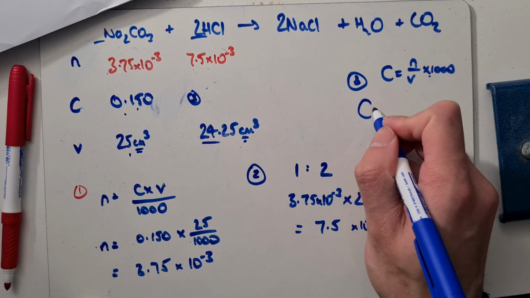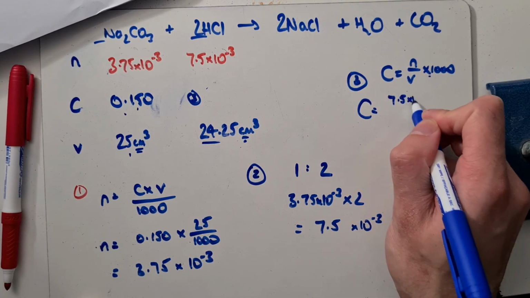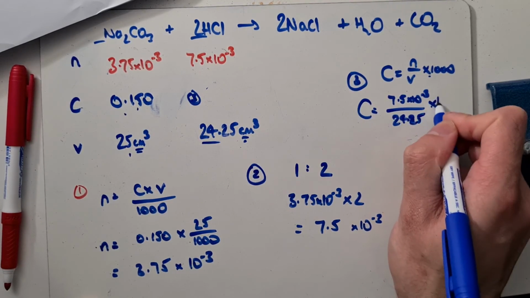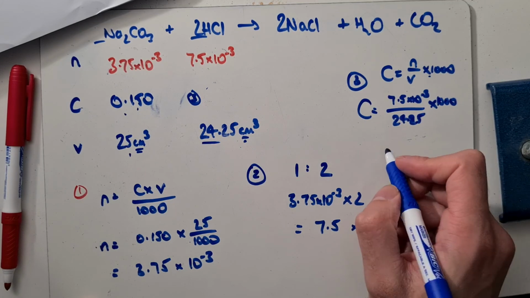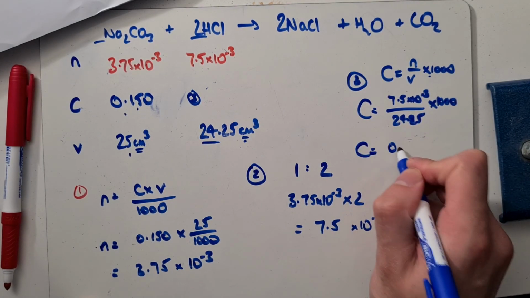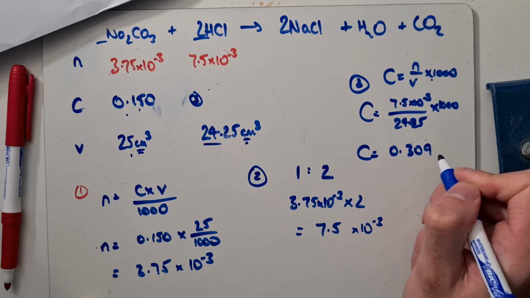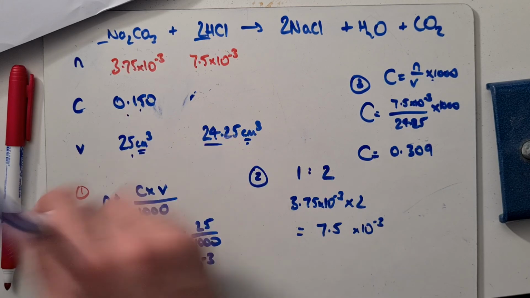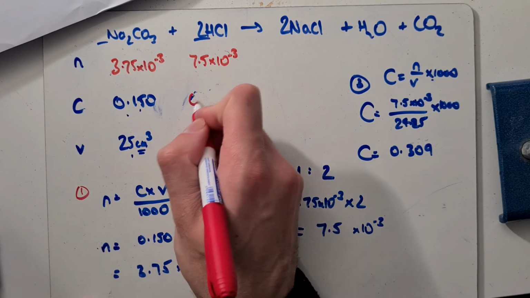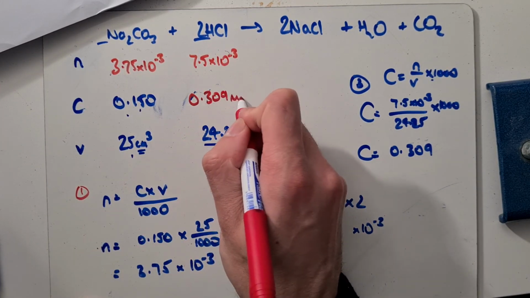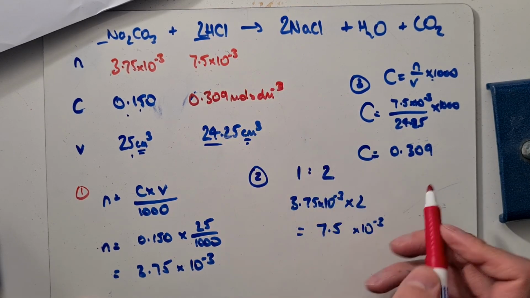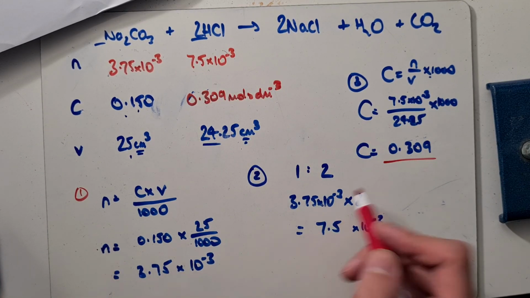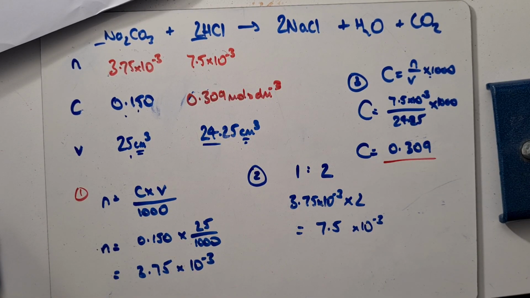If I put everything into this, I'll have 7.5 times 10 to the minus 3 over 24.25 times 1,000, and that gives me a concentration of 0.309. It asks me to go to 3 significant figures, so the concentration will be 0.309 moles per decimetre cubed. That was 3 steps in this, and each one gets you a mark. And that is question 22.